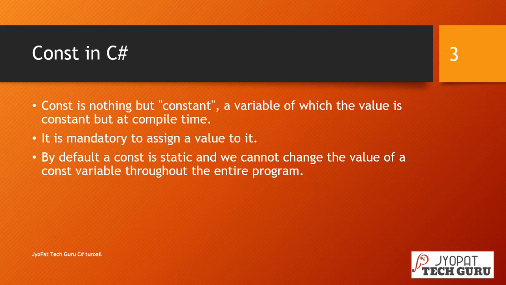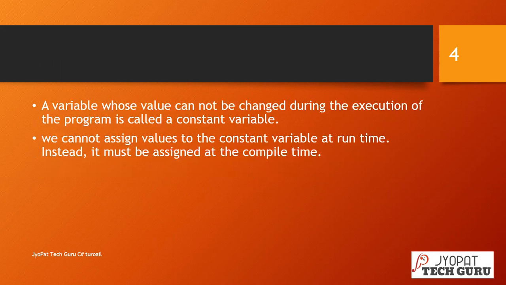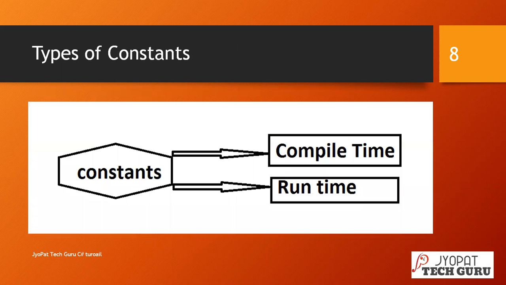Constant is nothing but a variable of which the value is constant at compile time. You might be aware about the two different concepts in case of constants: compile time as well as runtime. Currently, I am discussing the compile time.